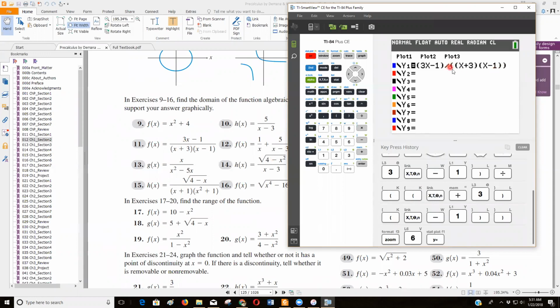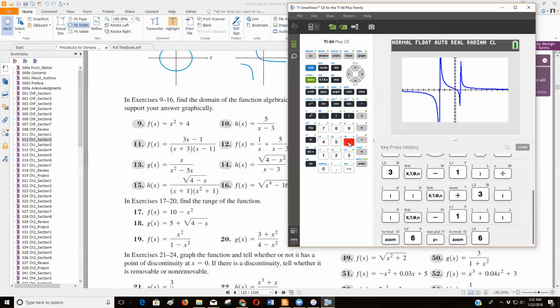If you don't put those in, it'll take this and divide it by the first thing and then multiply by the last thing, unless you lock those up in parentheses.